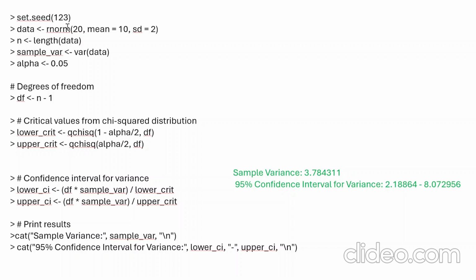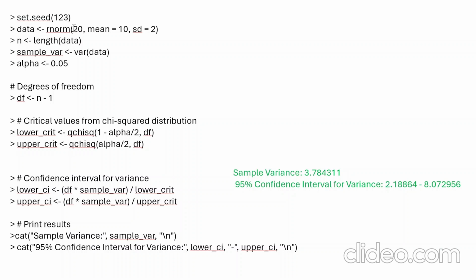But if I give some seed like 1, 2, 3, then every time I use this seed it will generate the same random numbers for comparison. So it will be useful for better visualization and comparison rather than going with new random variables every time.